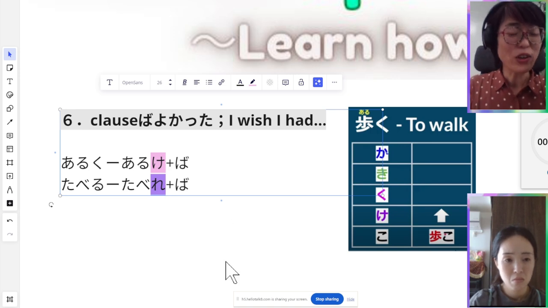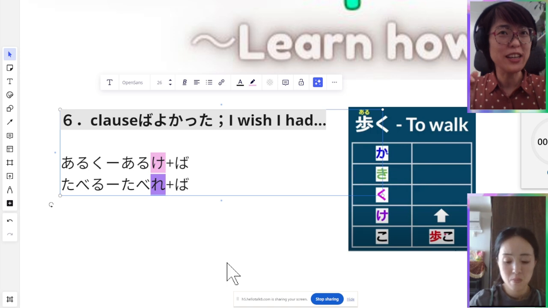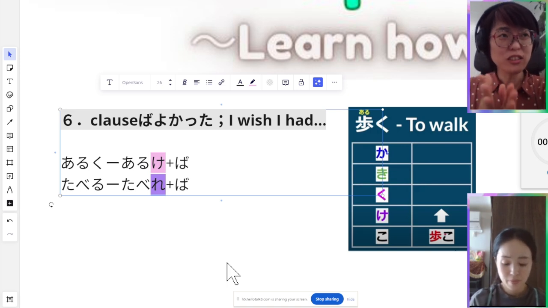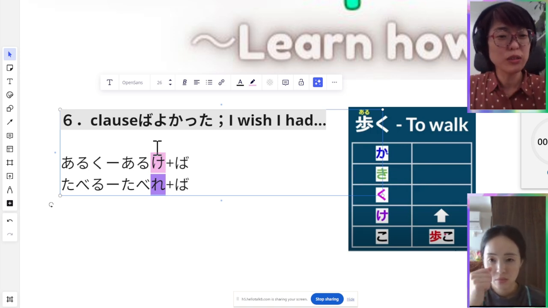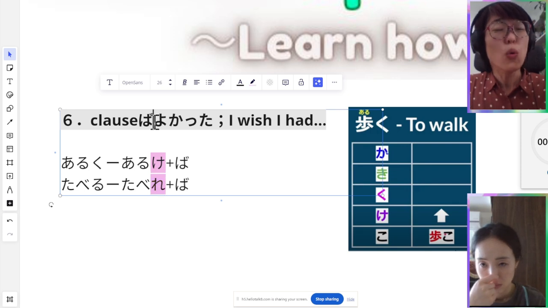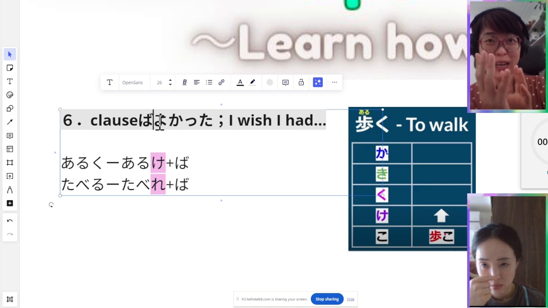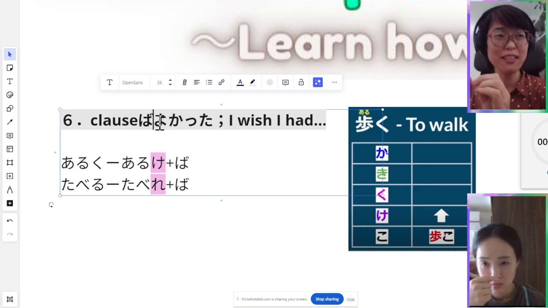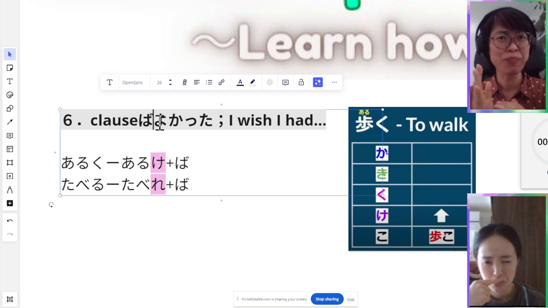Okay, yes. So Andy's angering point is that they do introduce the ba conditional. What they are explaining here is: make ba and put yokatta together. That's one set phrase we're going to practice today. But what's ba?